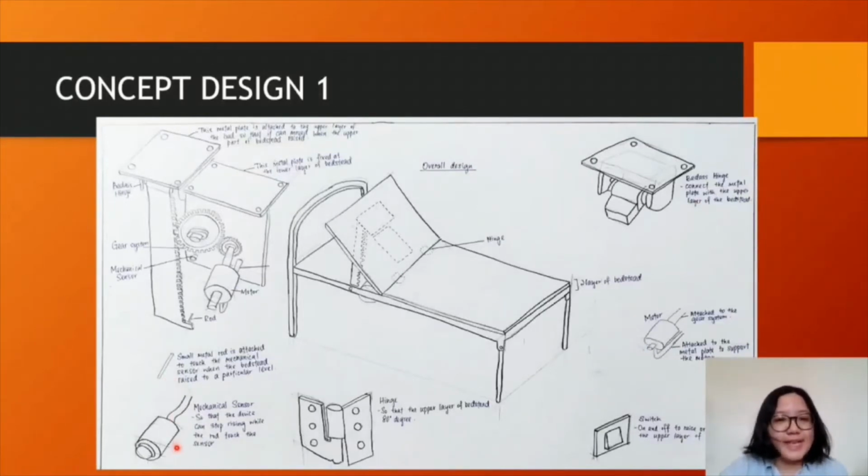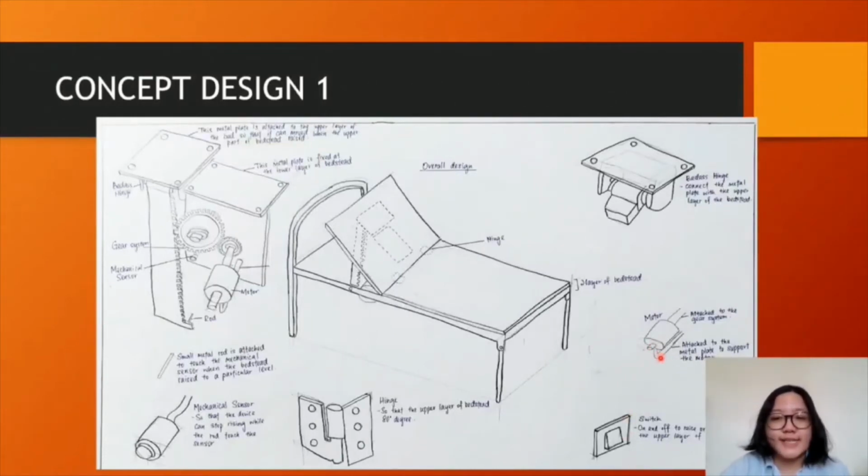This mechanical sensor, which is attached below the gear system, is used so that the device can stop when the bed stat is raised to the level and the small metal rod touches the sensor. Hinges are used so that the upper part of the upper layer of the bed stat can raise to 80 degrees, and a switch is used to turn on and off to raise and lower the device.